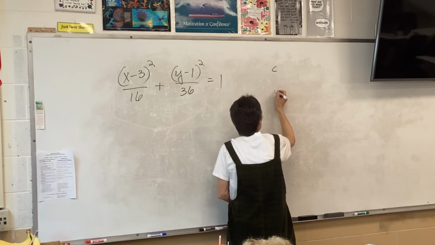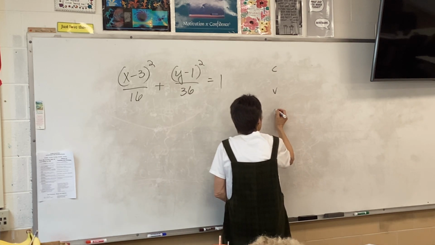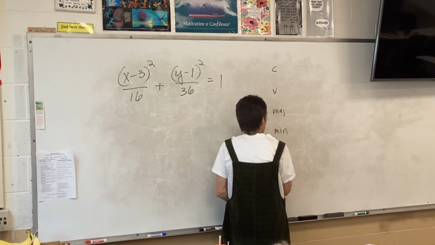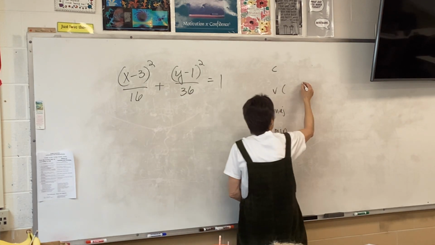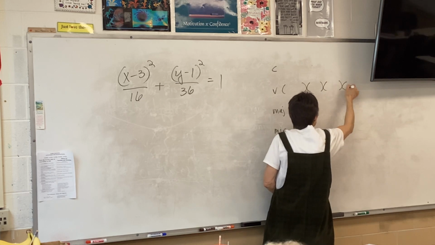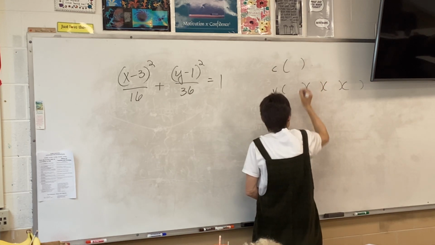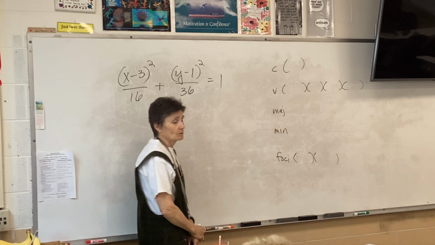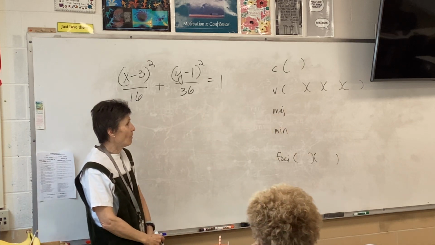Find the center, the vertices, the length of the major, the length of the minor, and the foci. There will be 4 of these, 1 of these, of course, and 2 of these. So we have to find all that stuff.